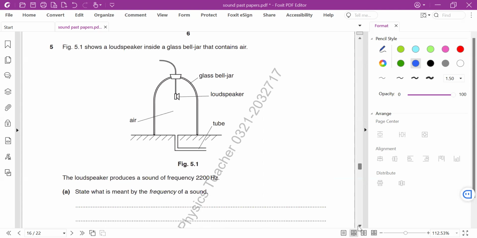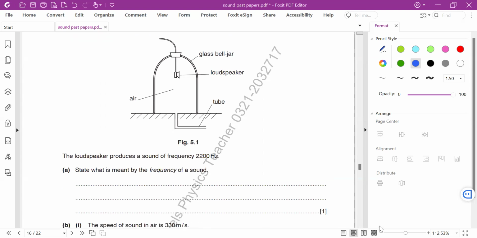Okay, now we have the bell jar. Again, we have the bell jar. What is the frequency of sound? Vibrations produced per unit time.